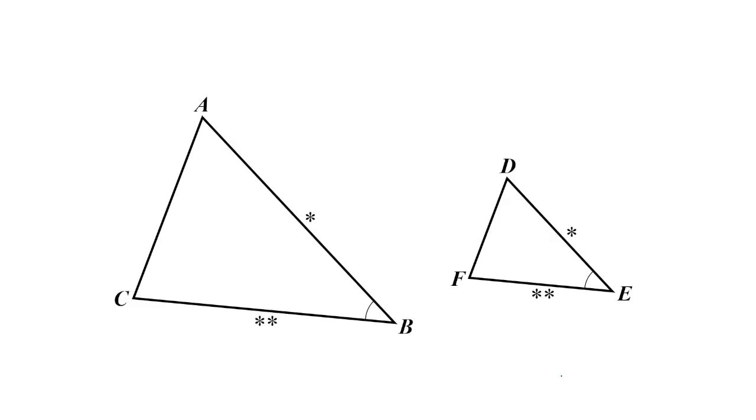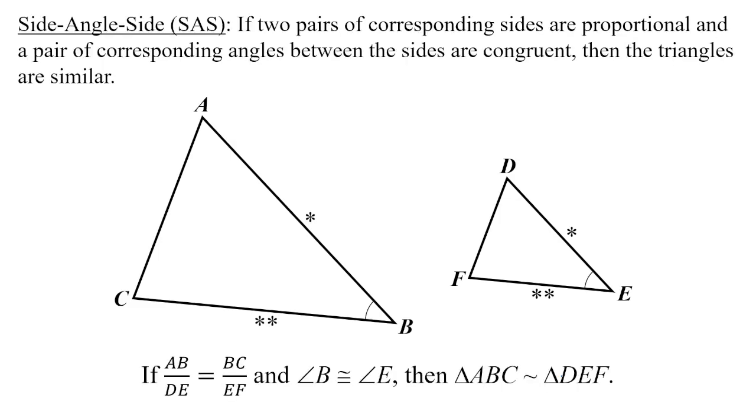Well, think back to proving triangles congruent. We do have a case like this. The only difference is the sides are proportional instead of congruent. Therefore, triangles can be similar by side-angle-side.